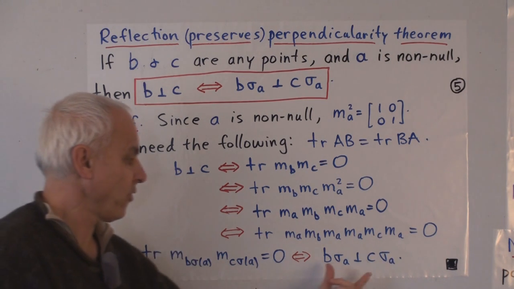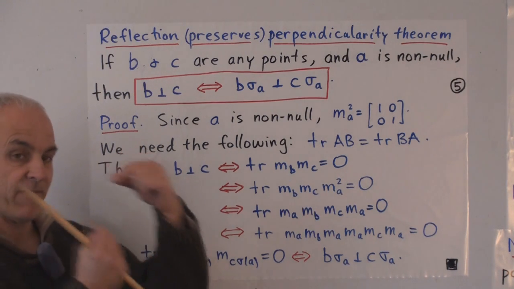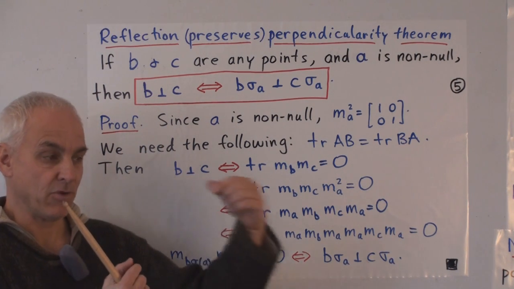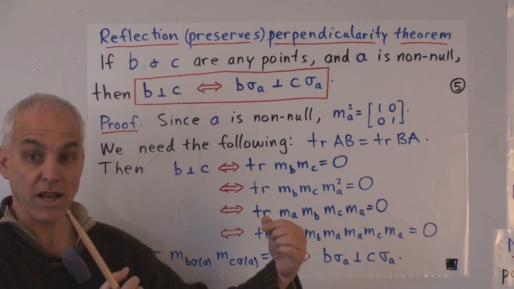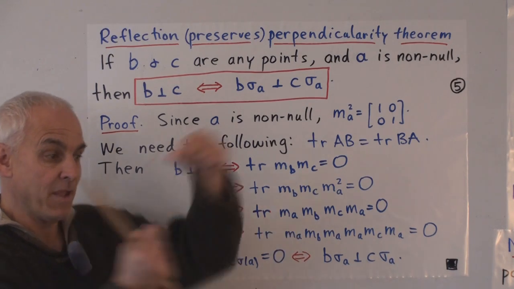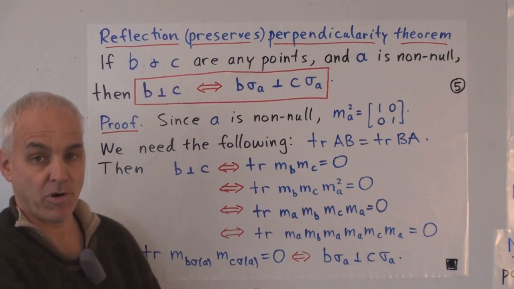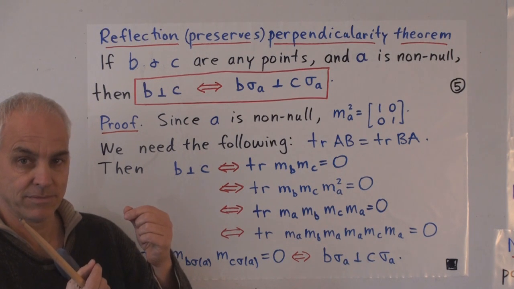So this is equivalent to this. So it means if you have any 2 points, B and C, and you reflect in some third non-null point A, the new points that you're getting are also perpendicular if the first 2 are.